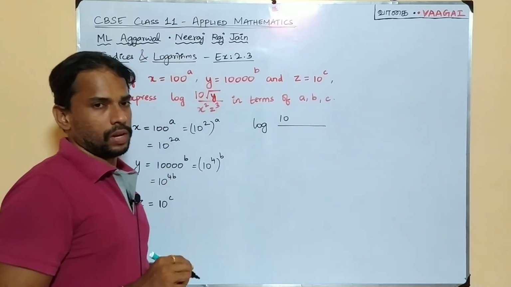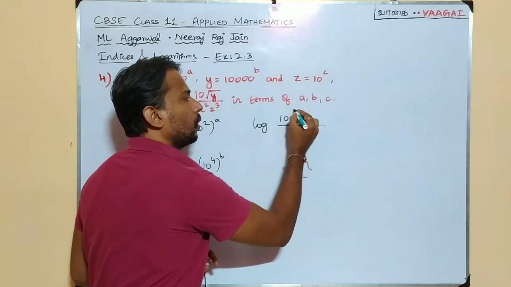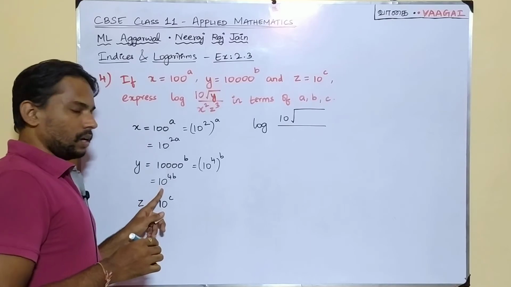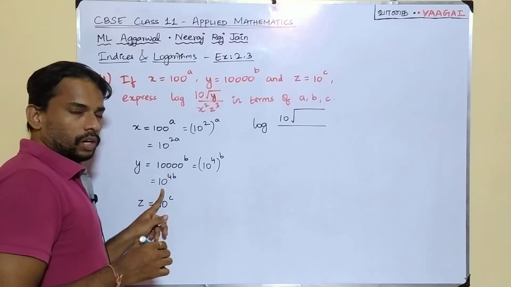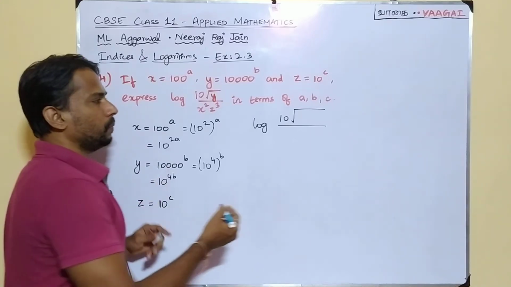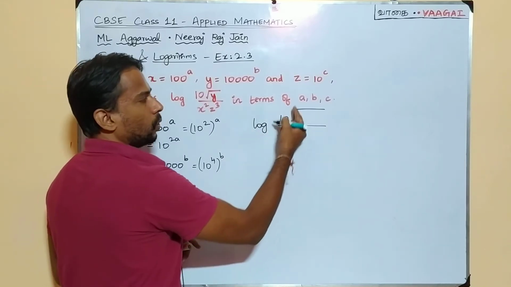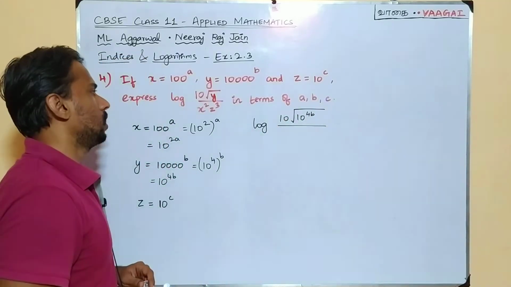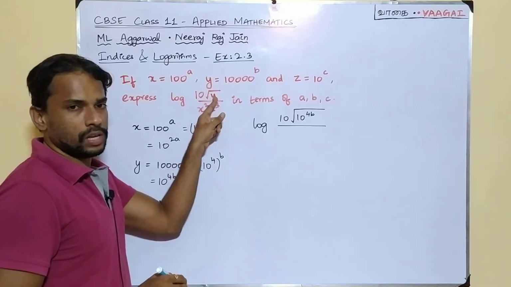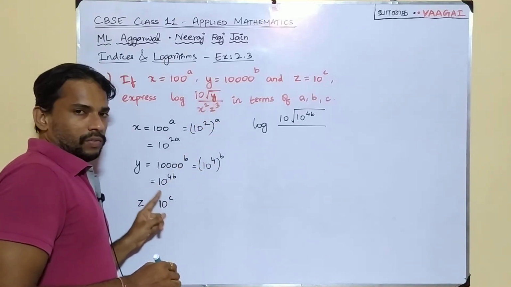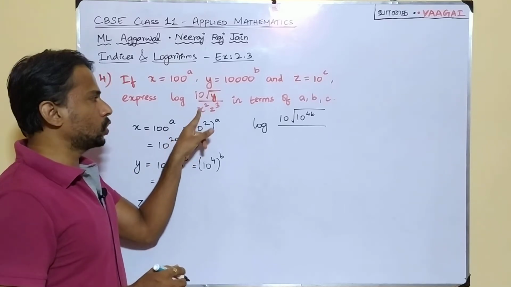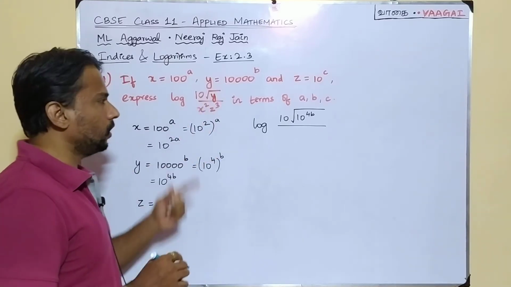We already have the value of y, which we have written as 10 to the power 4b. So just write it here: square root of 10 power 4b. I am just substituting the value of y with what we have expressed here. Next, divided by x square into z cube, which is what we have in the denominator.